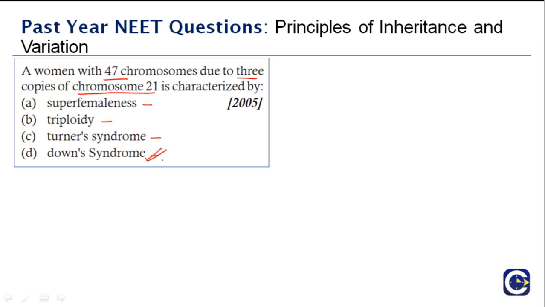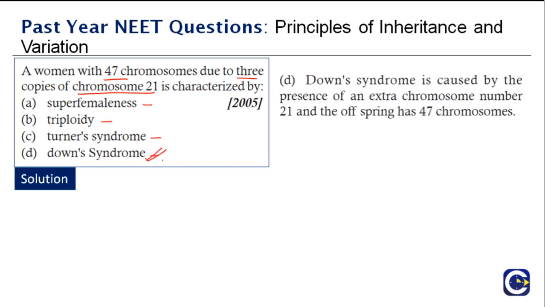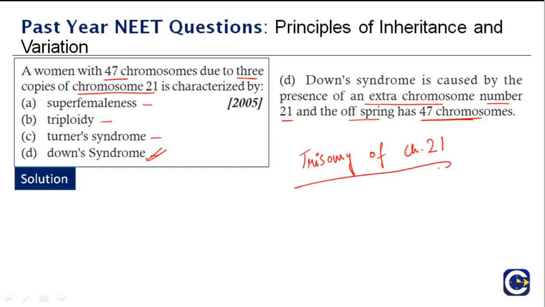The right answer is D, Down syndrome. Down syndrome is caused by the presence of an extra chromosome number 21, and the offspring has 47 chromosomes. So basically it is trisomy of chromosome number 21. So the answer is D.